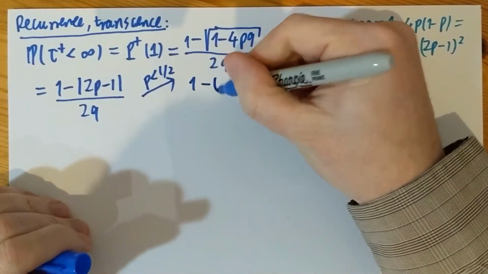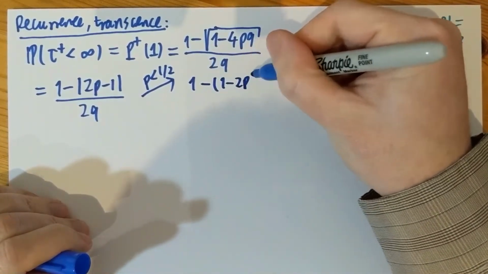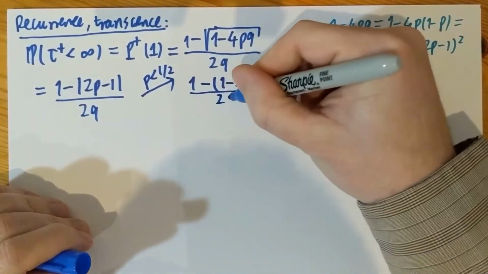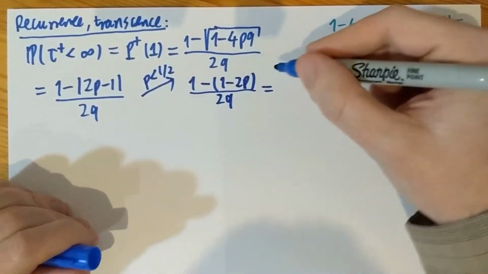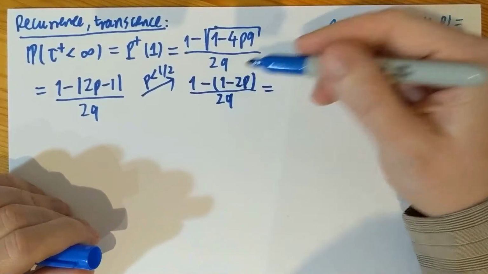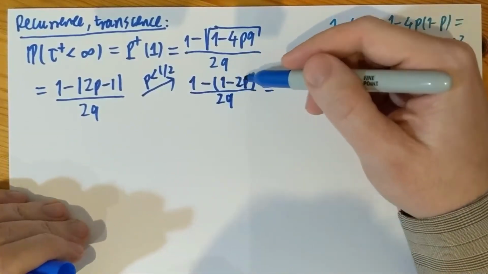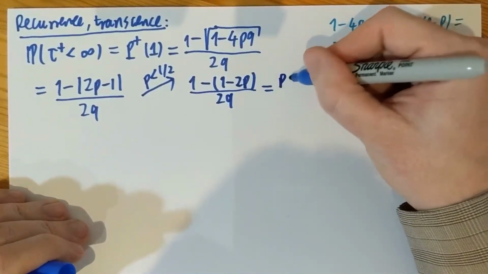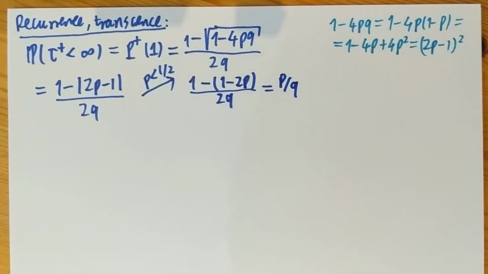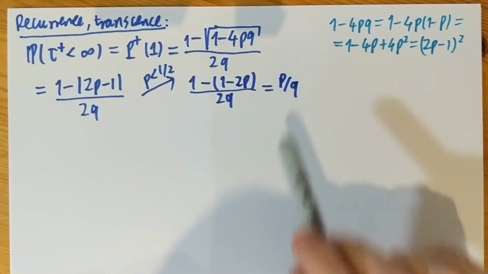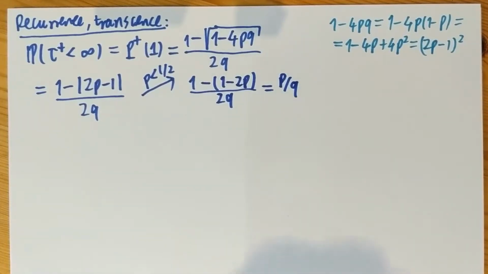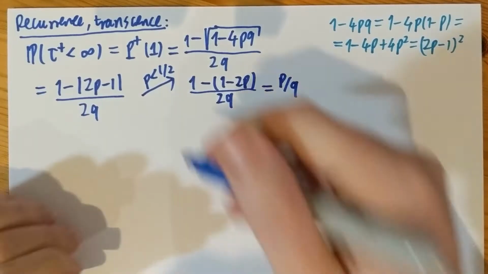So I put here 1 minus (1 minus 2p) over 2q. The two ones cancel, and it's positive 2p over 2q, or p over q. So when p is smaller than 1/2, this is p over q, which is indeed a probability, because p smaller than half means q is larger than half, so p over q is a number smaller than 1.